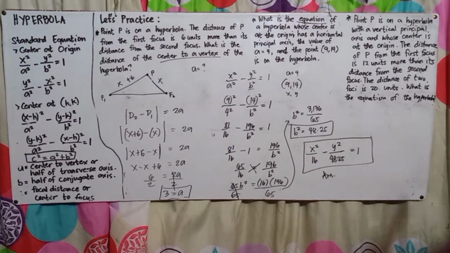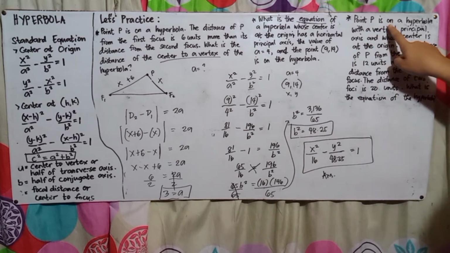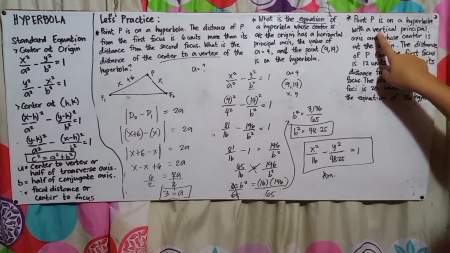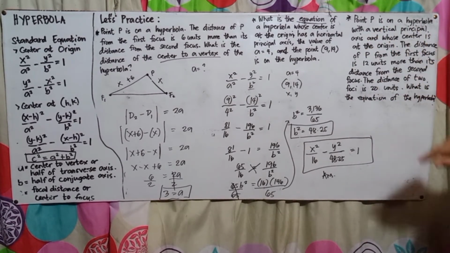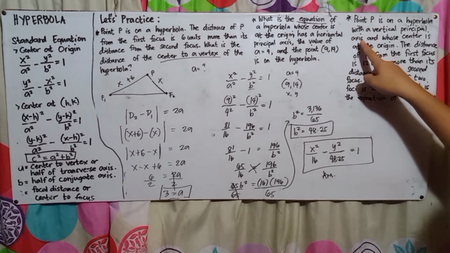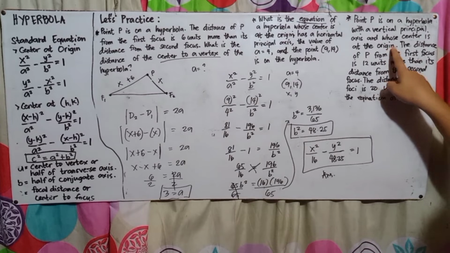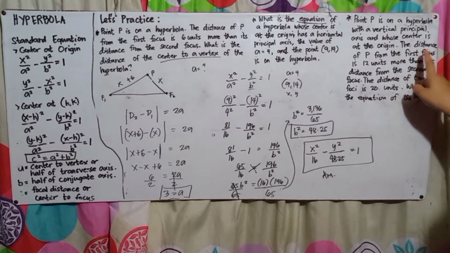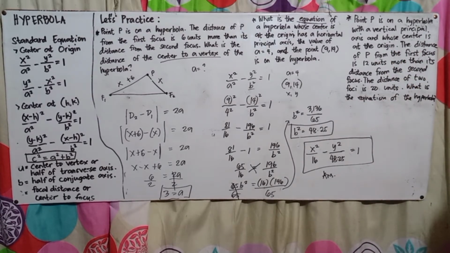Okay, next example. Point P is on a hyperbola with a vertical principal axis, and whose center is the origin. The distance of P from the first focus is 12 units.